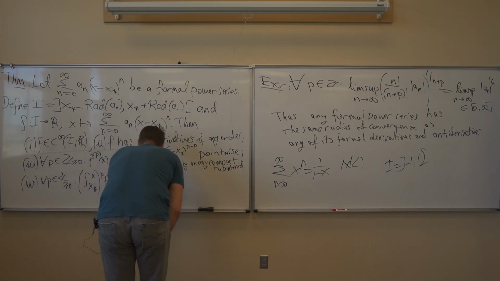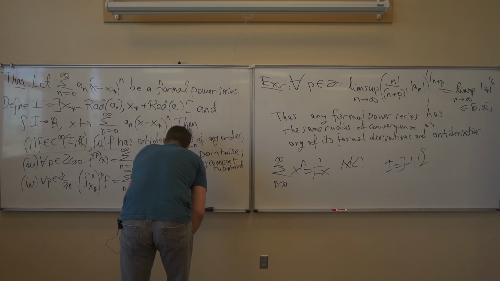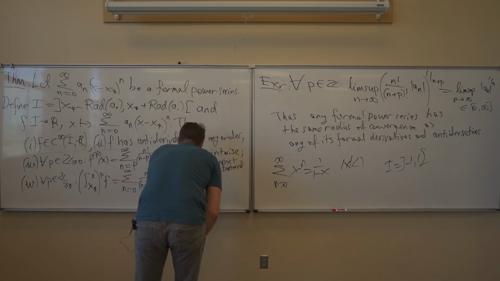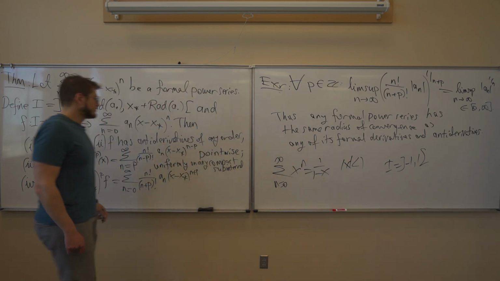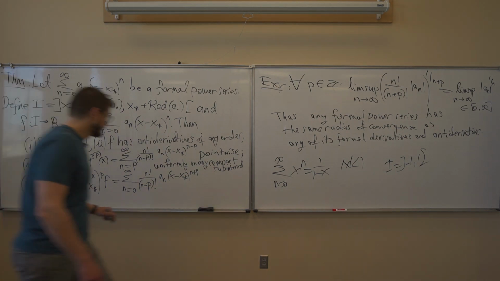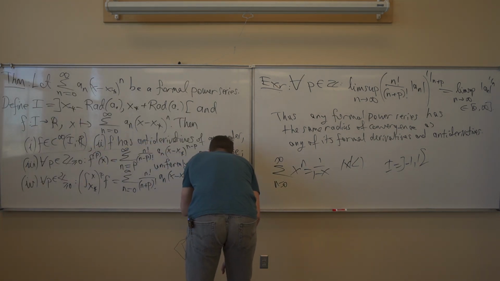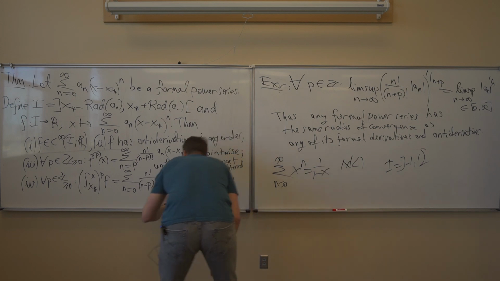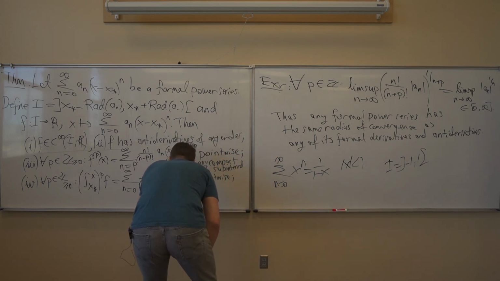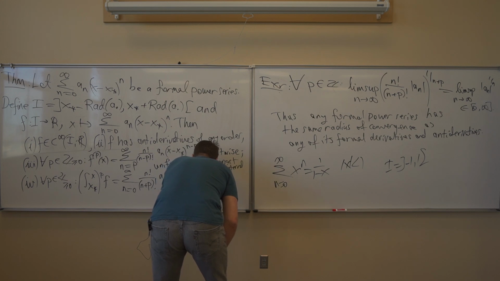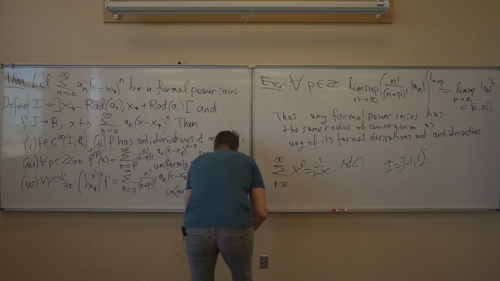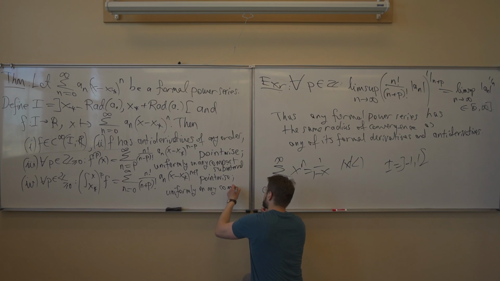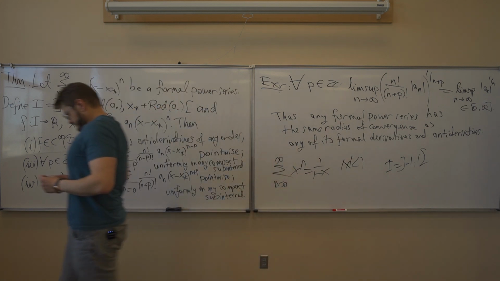Sum from 0 to infinity of n factorial divided by n plus p factorial, a sub n times x minus x star raised to the power n plus p, again pointwise and uniformly on any compact subinterval.